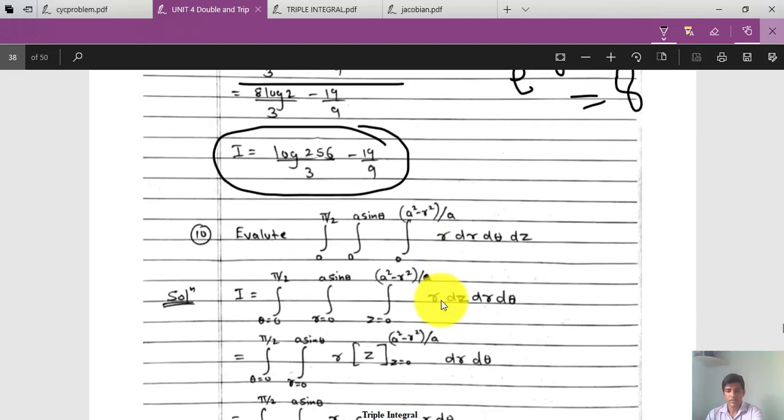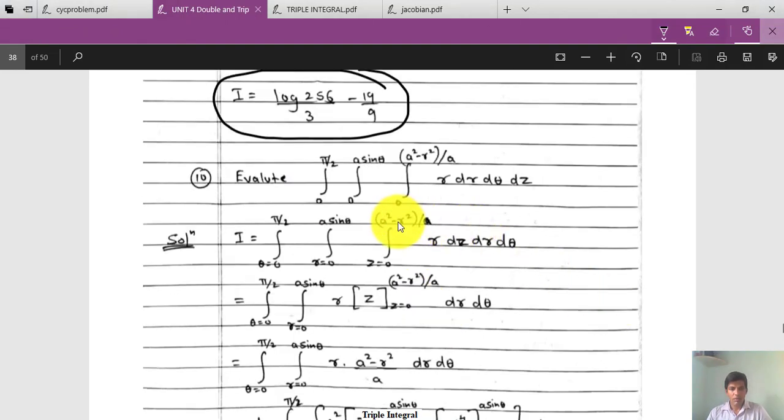Okay, the next problem is to evaluate the integral for the given function with dr, d theta and dz. See here, in the previous example, that is the double integral, the given expression was in the form of x, y, or it might be in terms of r and theta, right?